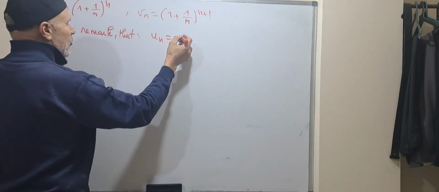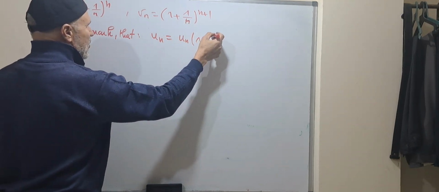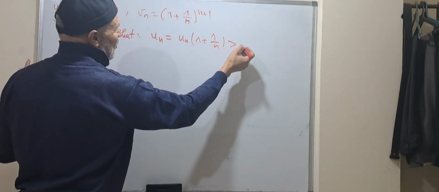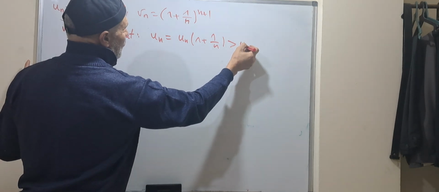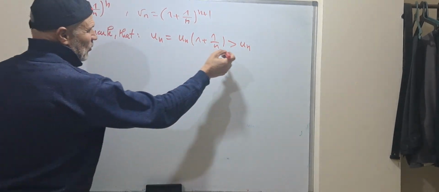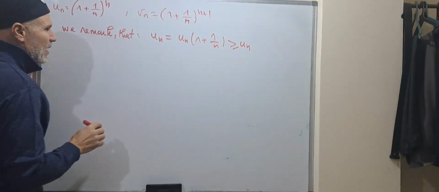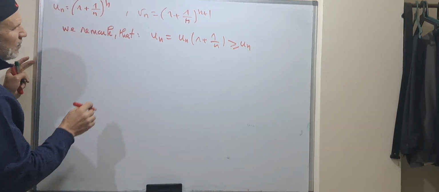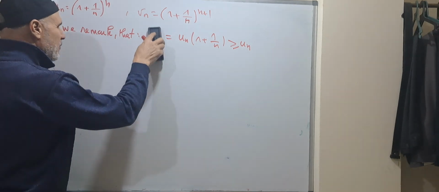vn is equal to un times (1 plus 1 over n), which is greater than or equal to un. This is vn.